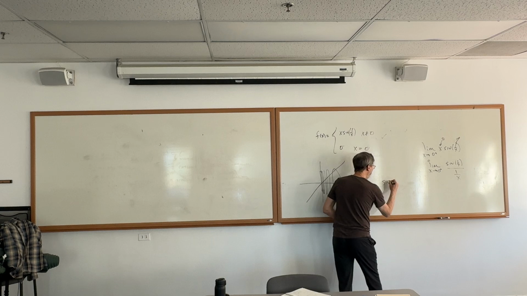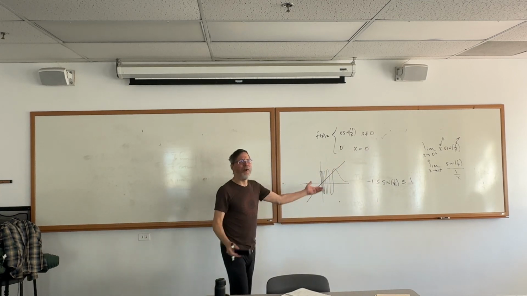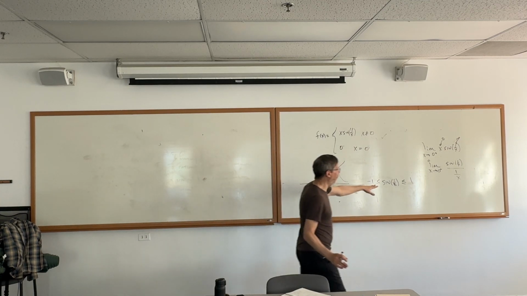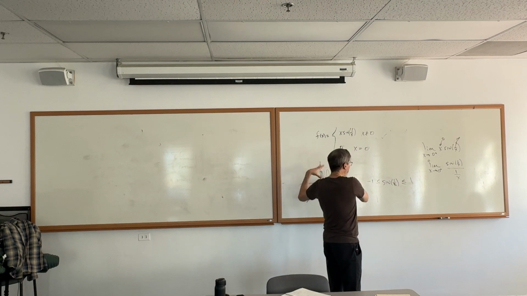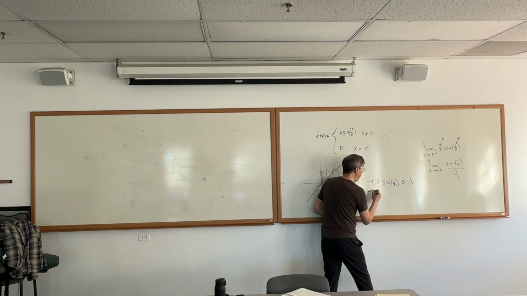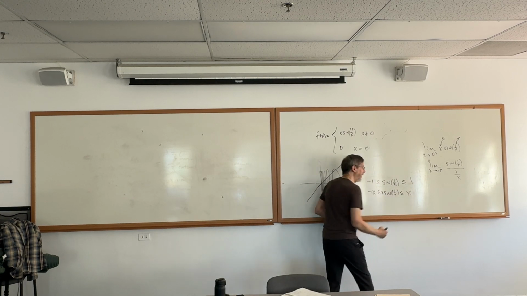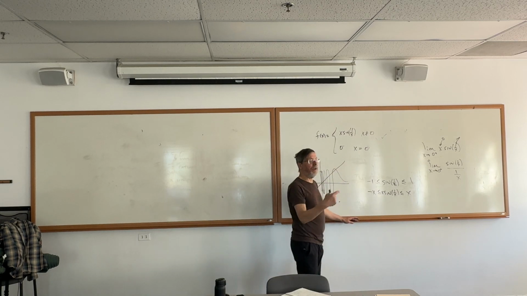So, we got that, right? We know this much, that no matter how crazy this thing gets in terms of its internal oscillations, this is always true. So if I multiply through by x, we get that, squeeze through.